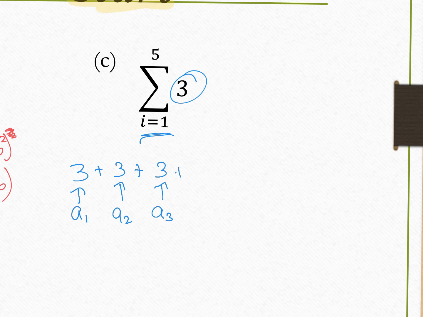This represents the third. This represents the fourth. And the fifth. And we know we're stopping at the 5 because it's at the top of our notation. So we just add 5 3s together. 15.